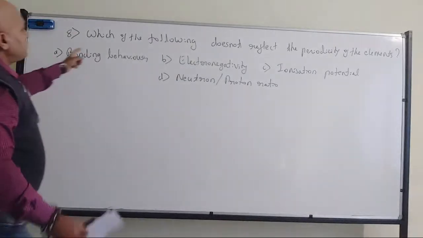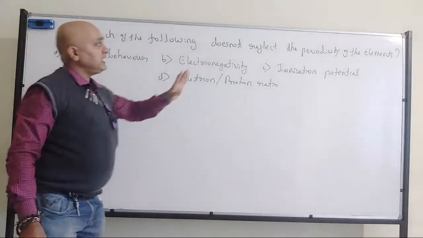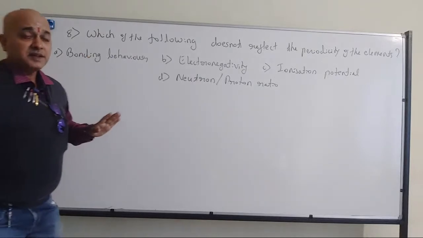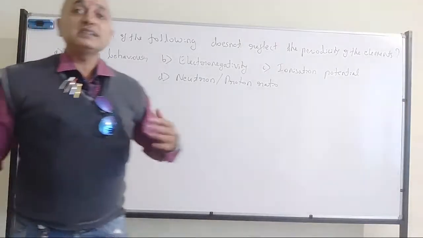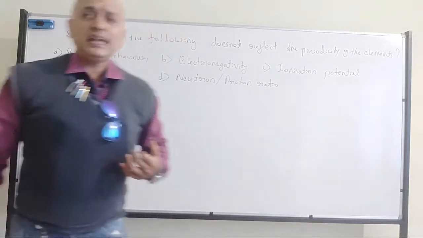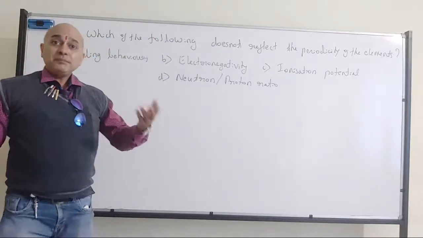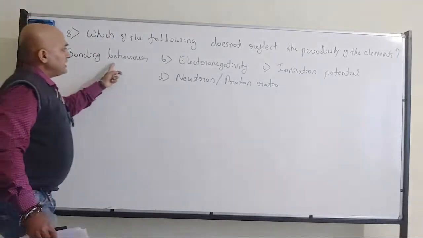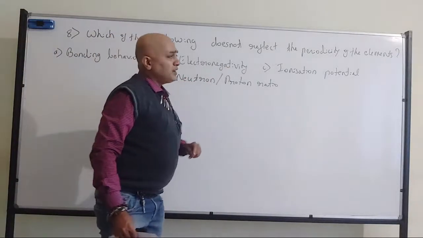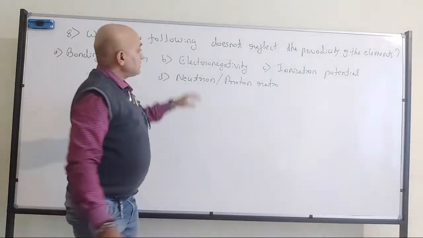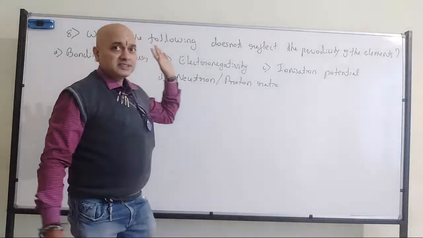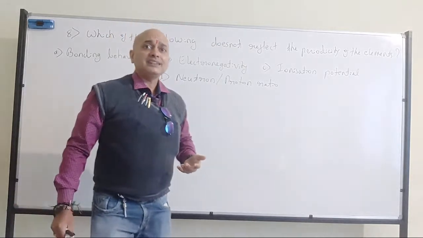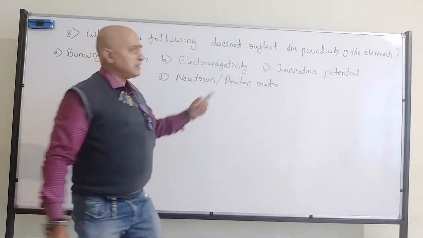So which of the following does not reflect the periodicity of the elements? One is bonding behavior. Bonding behavior in the sense which type of bonding it can make, whether ionic bond, metallic bond or covalent bond. Then electronegativity, as we have discussed in the previous question, that means the ability of an element to attract the shared electron.